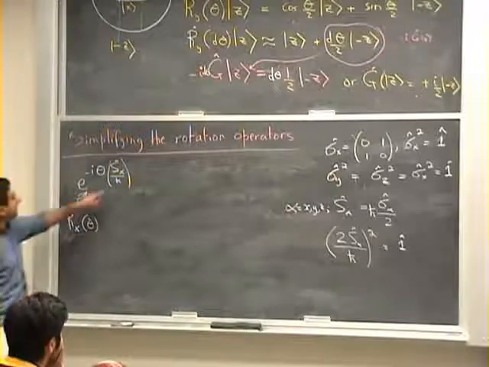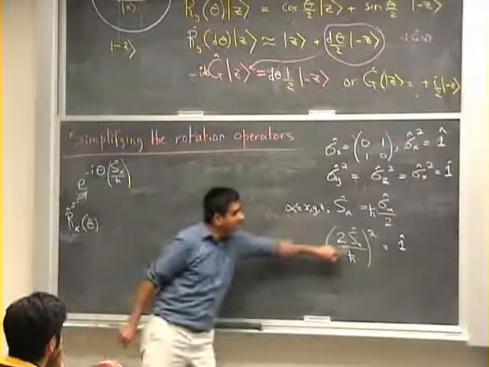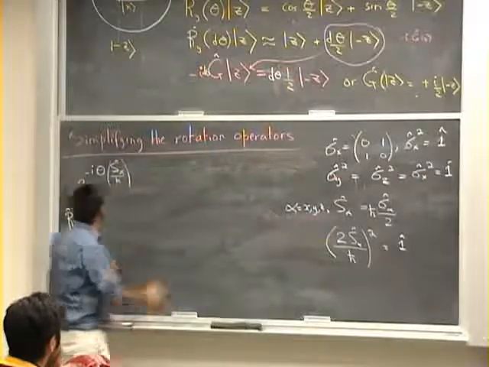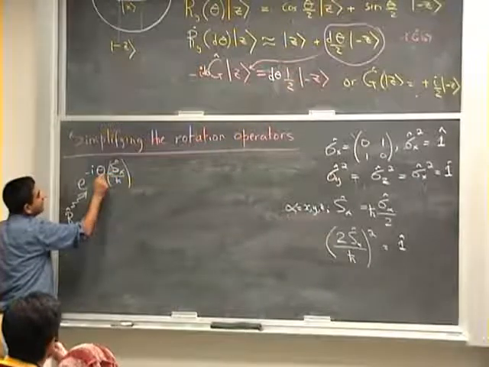This h bar is naturally present, but this 2 is not. So I artificially put a 2 here and I divide by 2.